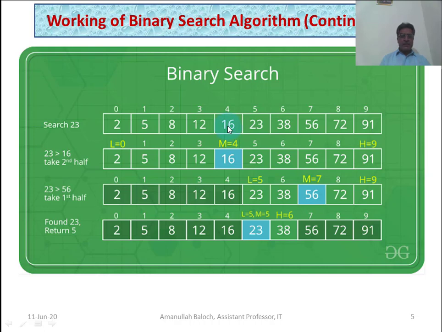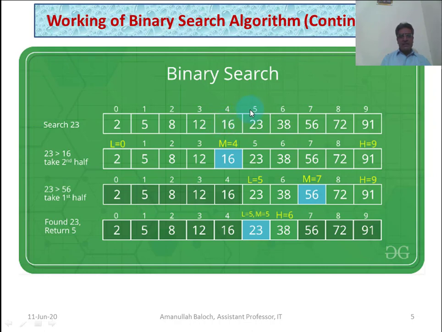This value is 16. 16 is less than 23, or we can say that the target value 23 is greater than 16. It will leave this section. The binary search algorithm will leave this first section of the array, and it will continue to the second half. So middle is 4, 4 plus 1 becomes 5.